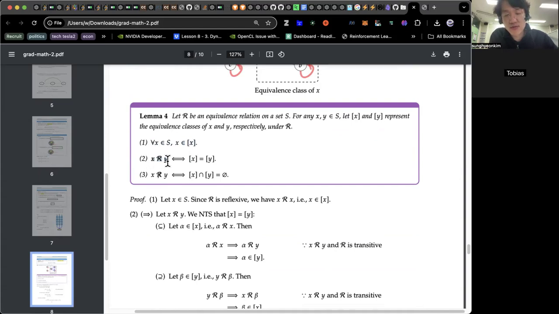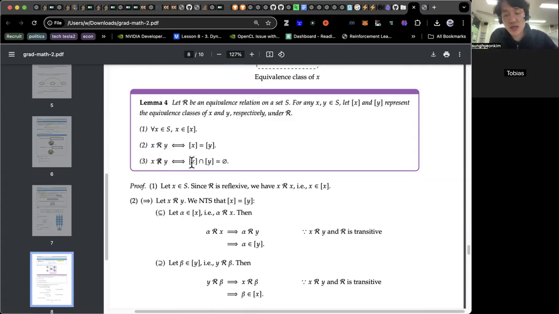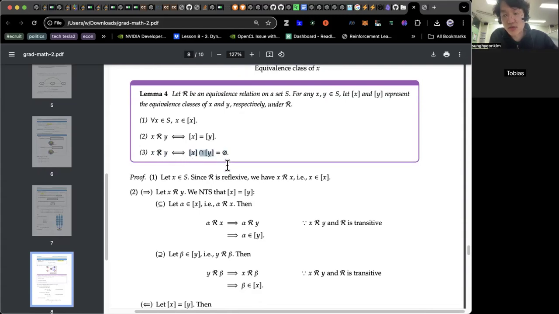If x and y have a relation, then the equivalence class of x and the equivalence class of y are the same. And if x and y don't have a relation, then the intersection of the equivalence classes of x and y has zero elements.